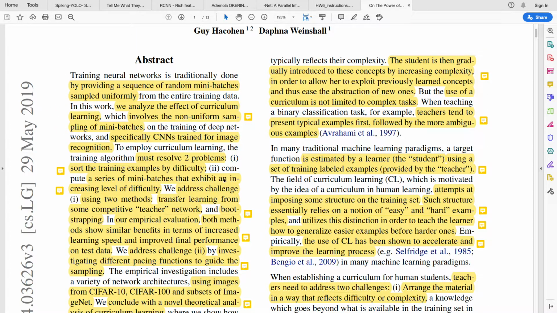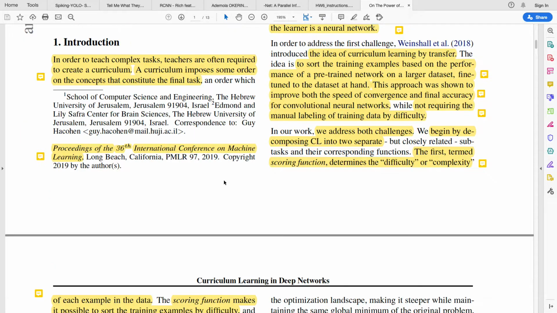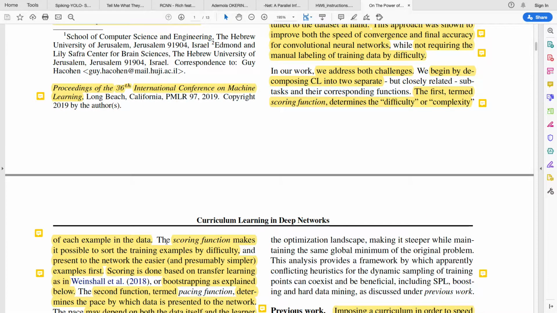So let's go to some important points here. The scoring function is used to determine the difficulty or complexity of each example, like I mentioned. So you need to have a scoring function that is going to output a regression value, a number.